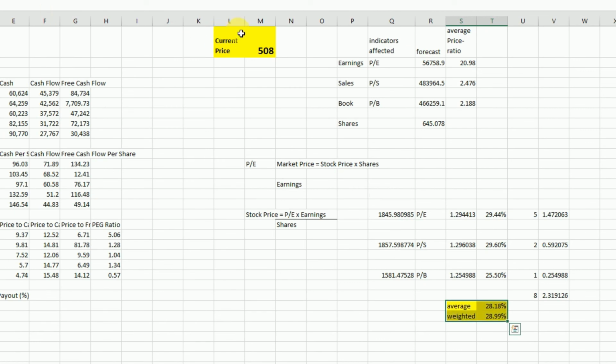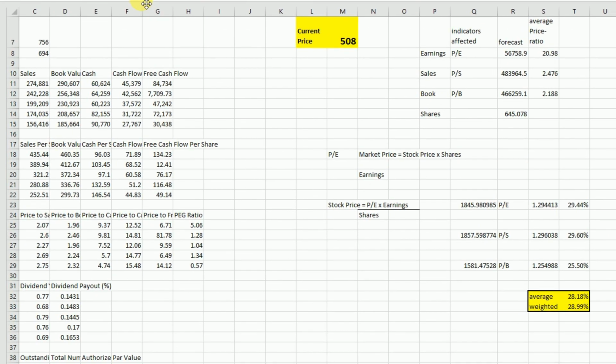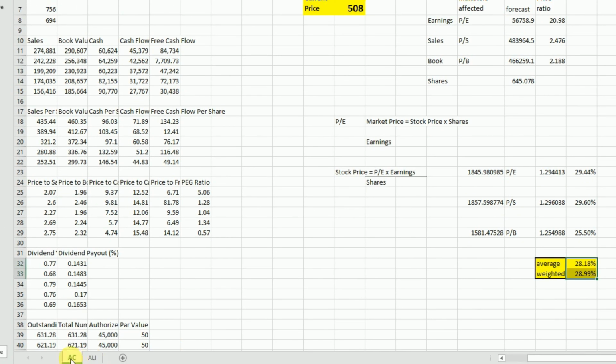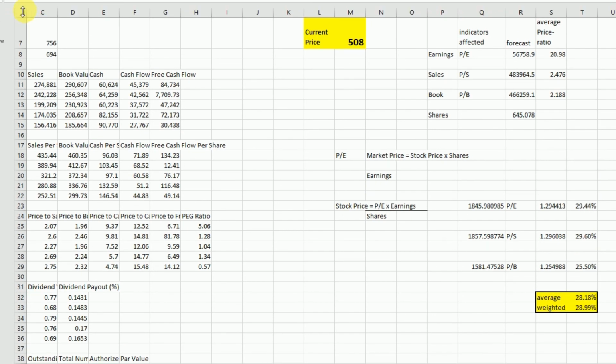What's important here, of course, is the current price, and this is what you stand to earn if you invested in Ayala right now. Let me get the data for Ayala just to show you that it now becomes simpler. So we will copy everything in the worksheet of Ayala Corp.